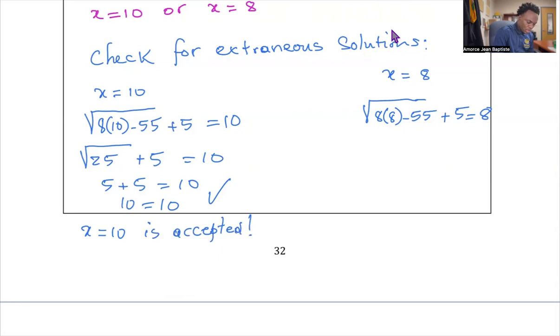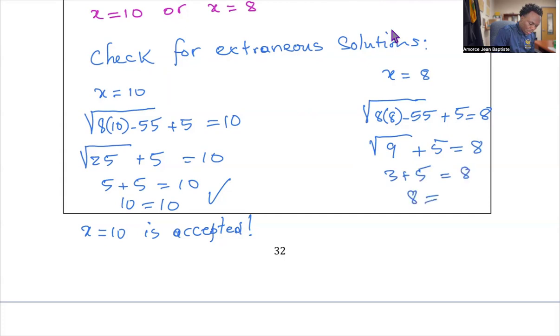Here that is 64 minus 55. 64 minus 55 is 9. So that is the square root of 9 plus 5 equals 8. 3 plus 5 equals 8.